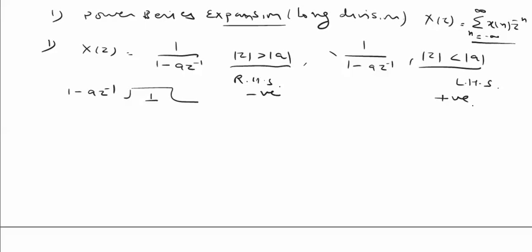We want to generate negative power of z. How? By dividing this term. First I divide 1 by 1. Completely divided. This term is an additional term for us. Subtracting, carry forward.